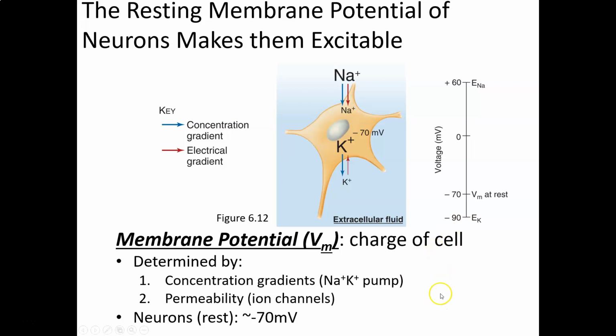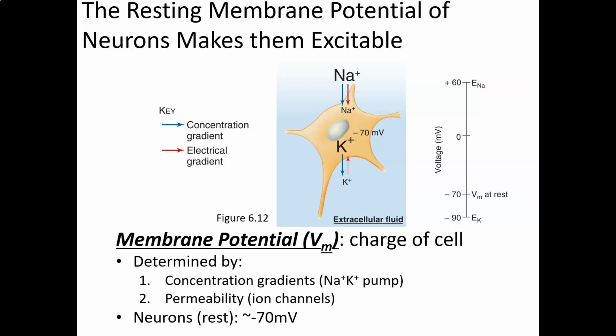Likewise, if you go to the other extreme and you looked at if the cell were having a membrane potential of plus 60, by definition, since plus 60 is the equilibrium potential for sodium and a cell were permeable to only sodium, it would have an equilibrium potential of positive 60.